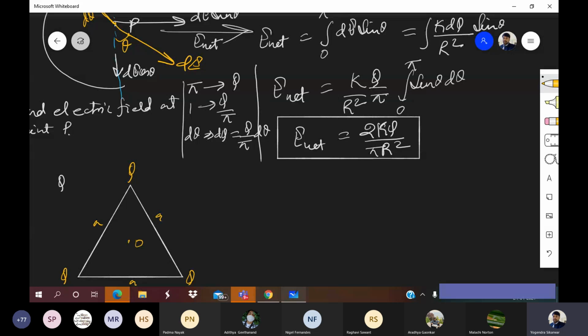All three are equal. The question says find the electric field at point O.